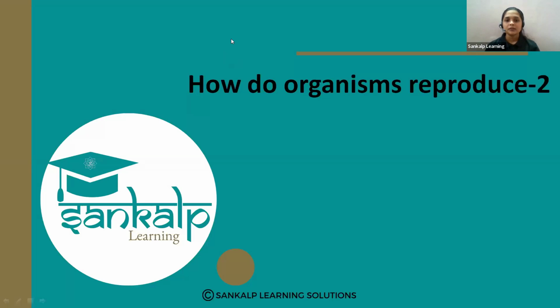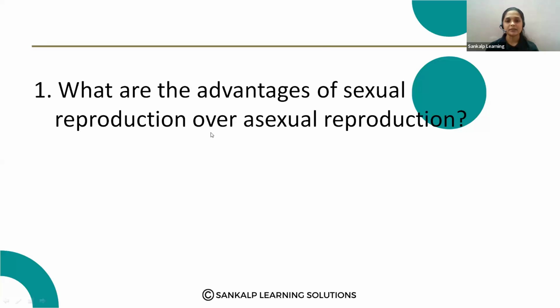Okay. So here already we have discussed in the last class. Just observe what we discussed in the last class. And in today's class, we are starting with some short answer questions and some long answer questions. Okay. Here, the first question is, please note down the questions. What are the advantages of sexual reproduction over asexual reproduction?